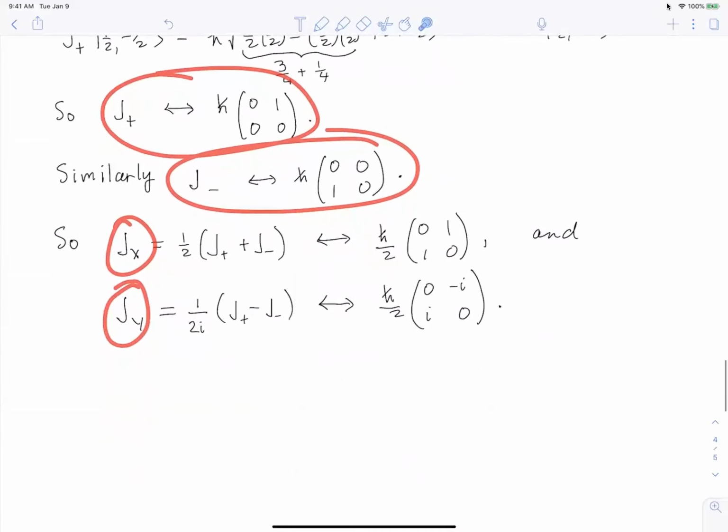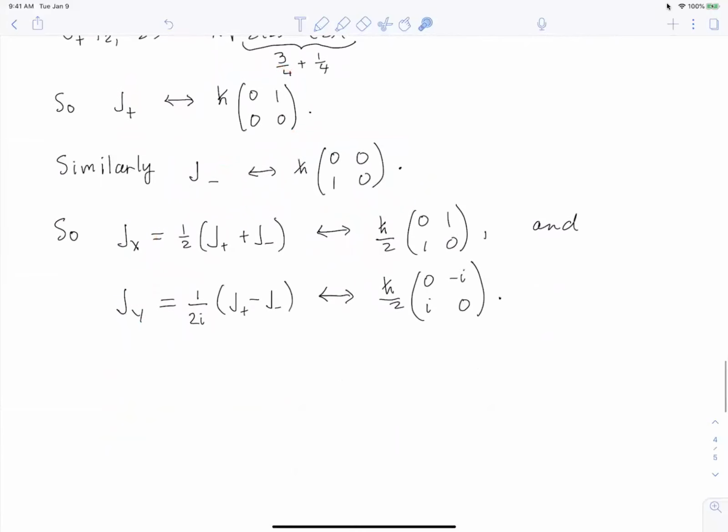Okay, and this set of equations of matrices is called a spin 1/2 system. And again, what we showed is that this works for any spin 1/2 system. It doesn't matter the actual physical case. And so in that situation, we call it S. J is S specifically.